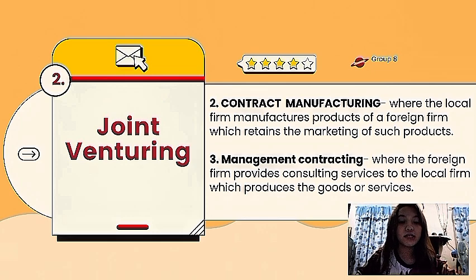Another one is management contracting. The foreign company provides expertise while the local firm handles production. An example is international hotel chains like Hilton or Marriott, which operate hotels in different countries but rely on local companies to manage them under their brand.